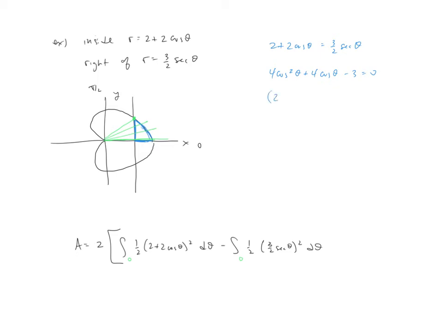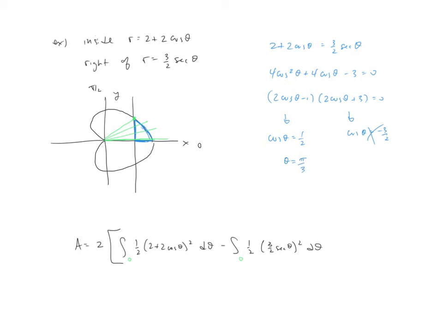And this is going to factor into 2 cosine theta minus 1 and 2 cosine theta plus 3. This guy here says cosine theta equals negative 3/2, which can't happen. We know that cosine is always bounded between 1 and negative 1. But this guy says that cosine theta is going to be 1/2.